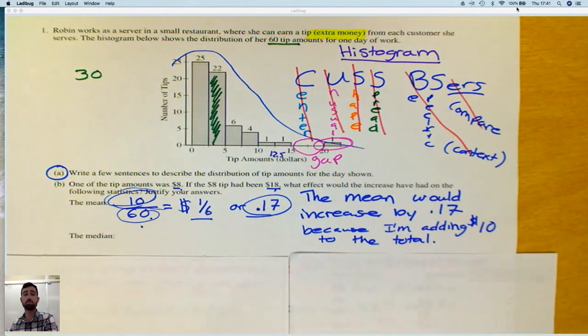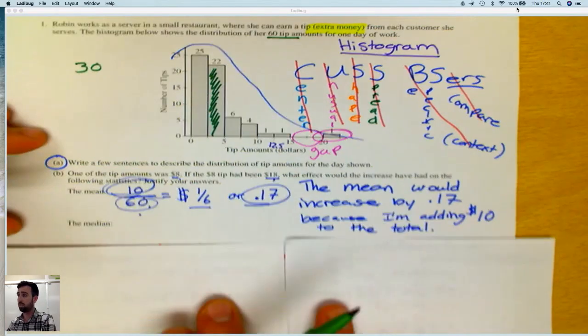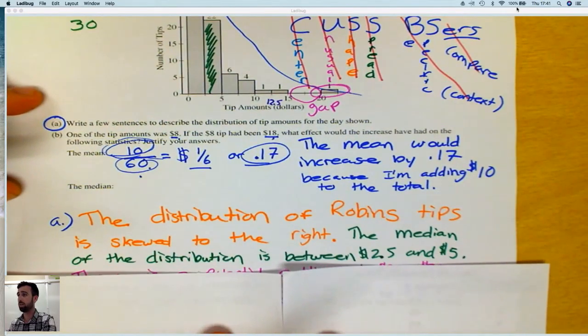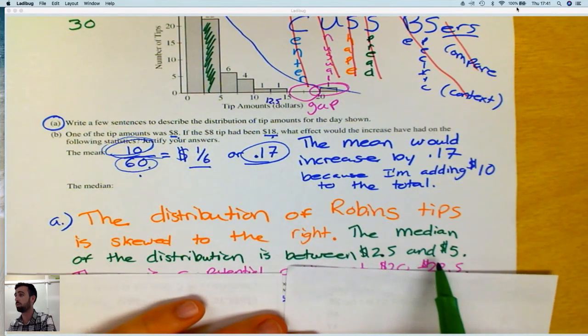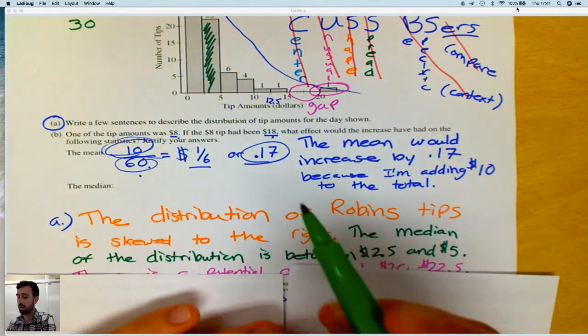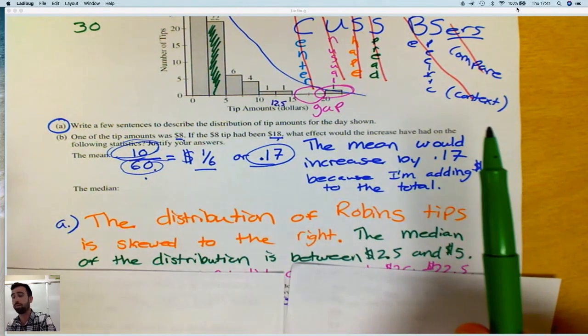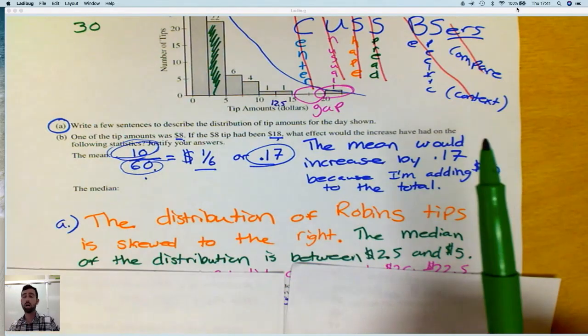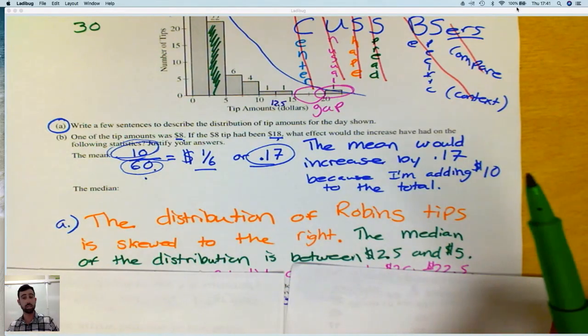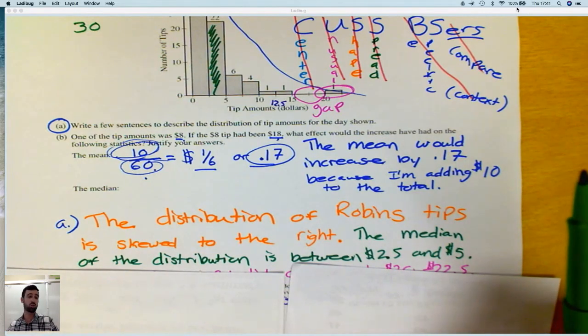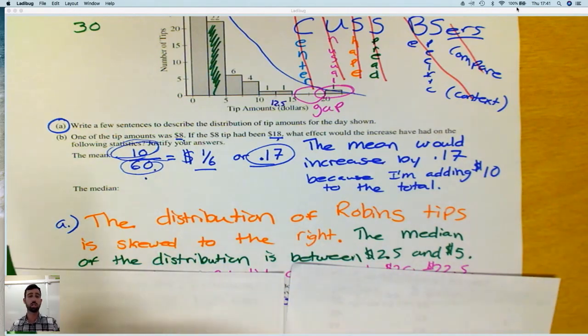Now, how would this affect the median? So we said our median down here was about $2, between $2 and $5. So that $8 was already on the right, or on the upper 50% of our median. So if I change that from 8 to 18, it's not going to change it to go to the left or the lower 50% of my data.